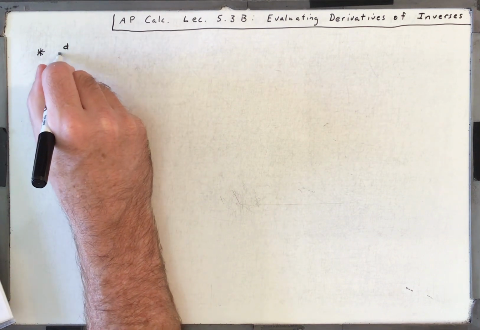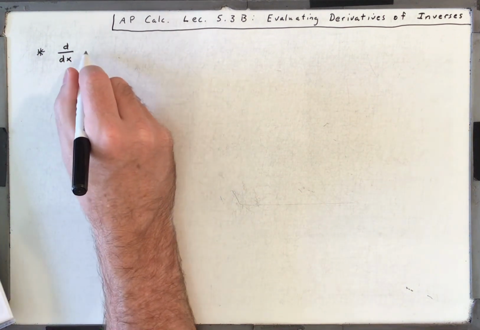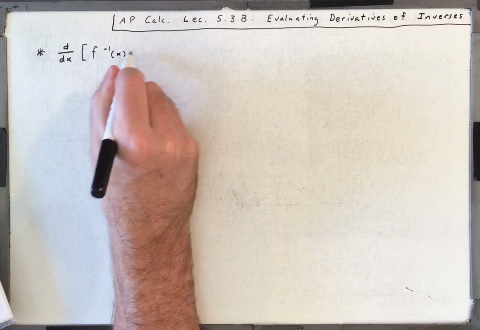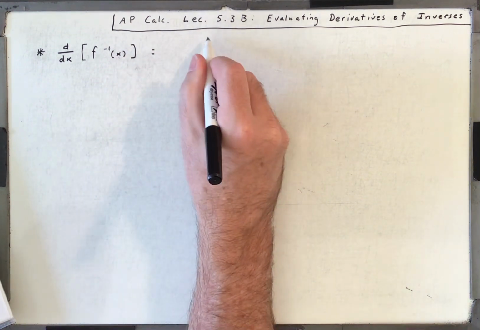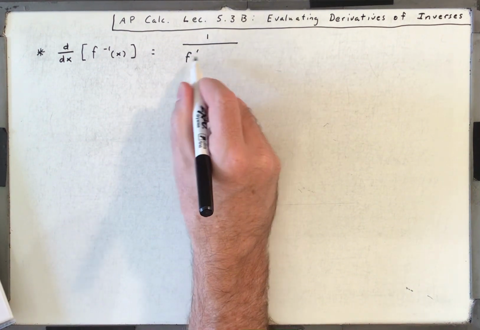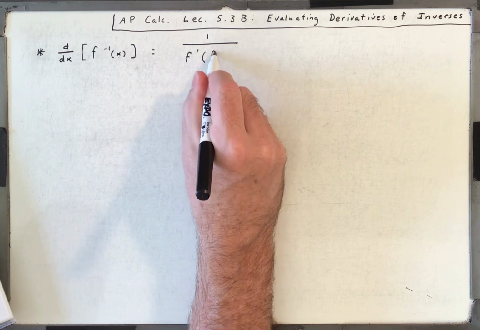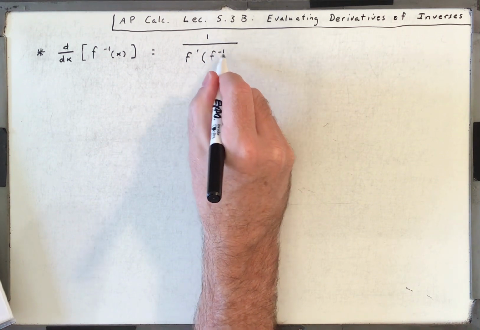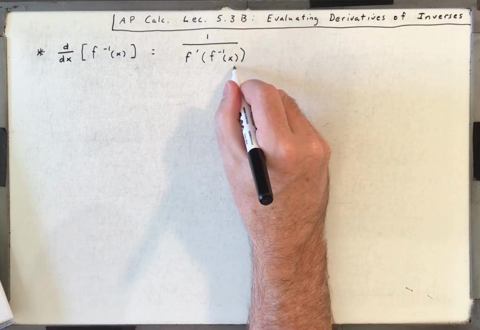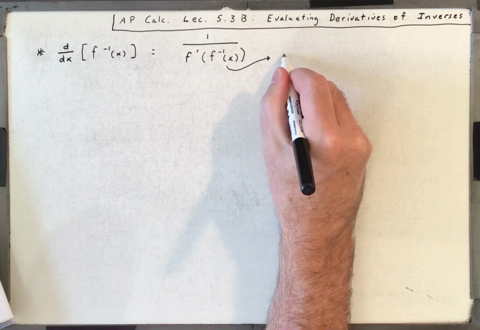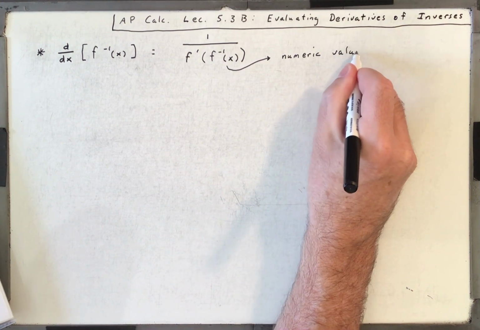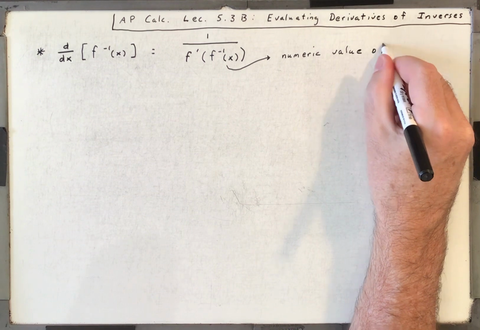And you'll have to memorize this, but if you want to take the derivative with respect to x of the inverse, it's 1 over f prime, so you have to get the derivative of the original function of the inverse value of x. So what that is, the numeric value of the inverse.